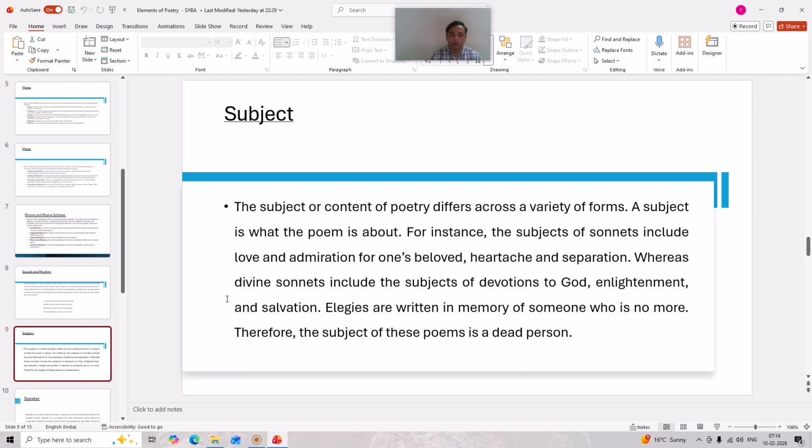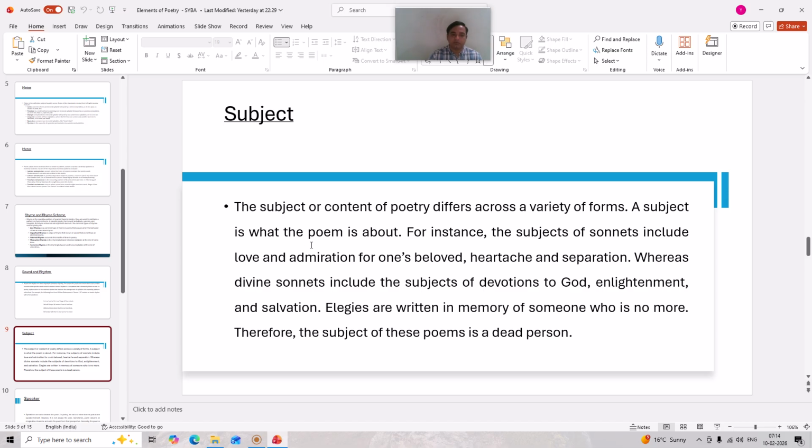So the subject of the poem makes us understand what kind of poem it could be, whether it is a lyric, a sonnet, a love sonnet, a devotional sonnet or an ode.